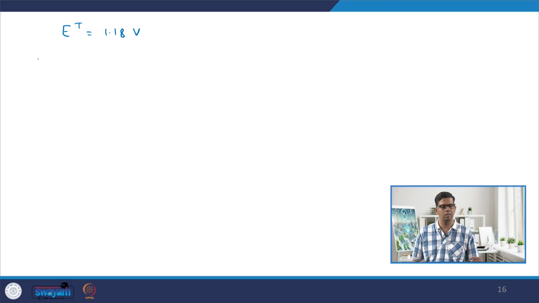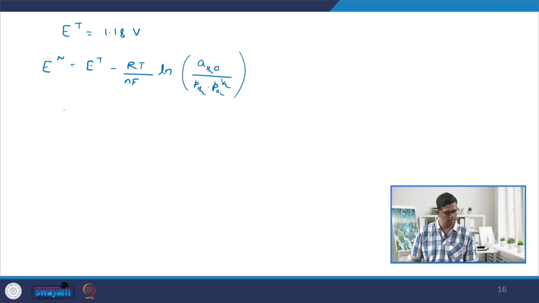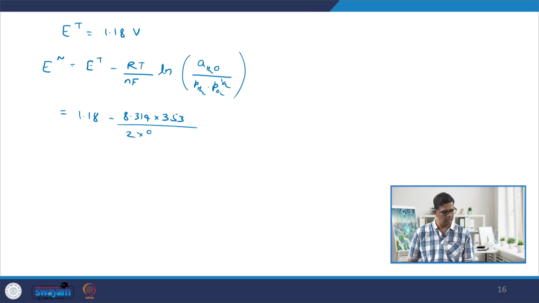Let us bring those numbers, that is our calculations, into the final equation: EN equals ET minus RT by NF ln of the activity of water, which is 1, divided by the pressure of hydrogen times the pressure of oxygen raised to half. So ET is our 1.18 volt minus 8.314 into the operating temperature, 353, divided by 2 times 96,485.